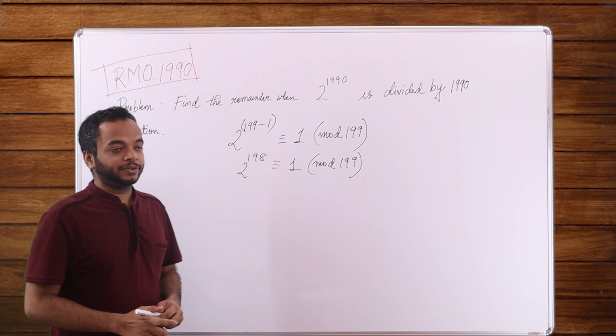So what we can do is raise both sides to the power 10 to reach 2 to the power 1980. And 1 to the power 10 is basically 1, modulo 199. Now you see we have a shortage of 2 to the power 10 to reach 2 to the power 1990.